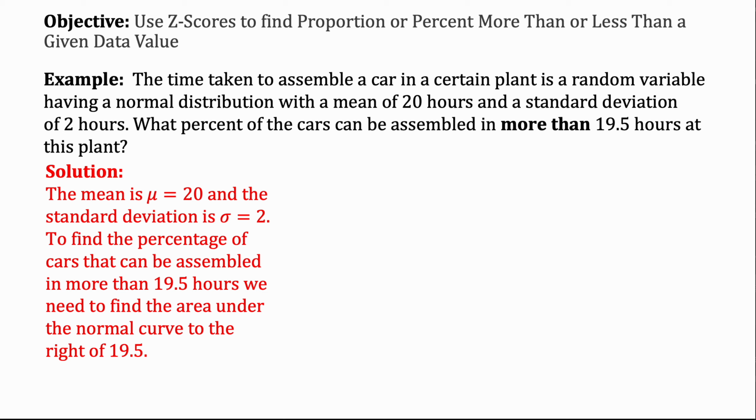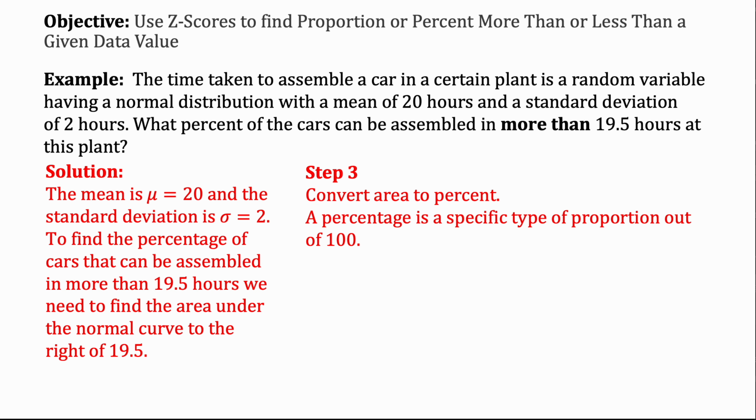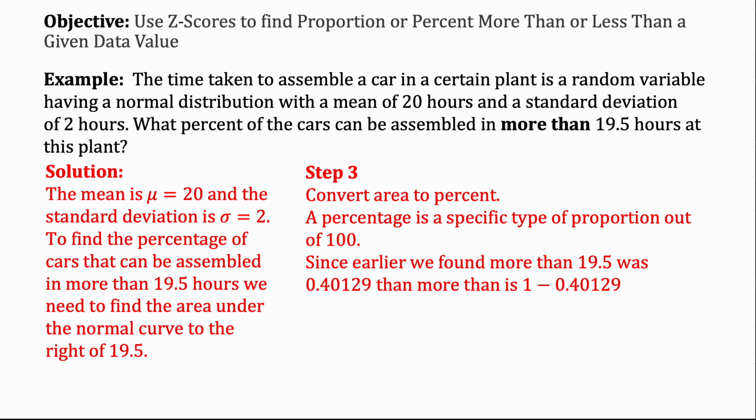So let's look at that same exact question from before, except one thing has changed. It says, what percent of the cars could be assembled in more than 19.5 hours at this plant? Now remember, we've already found that value. You just have to take it off of 1. So that 0.40129 value, just subtract it from 1.